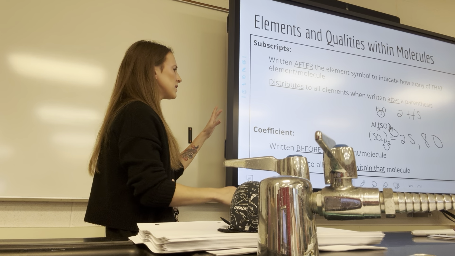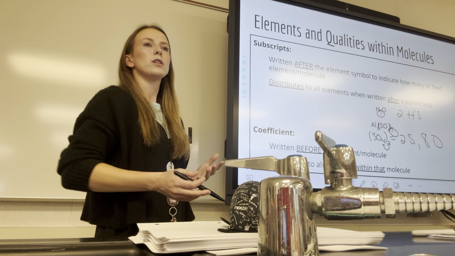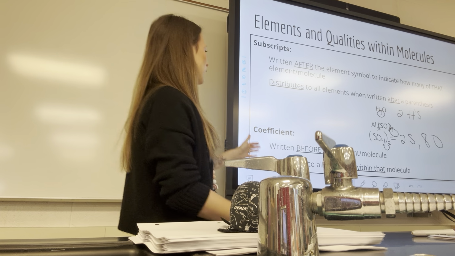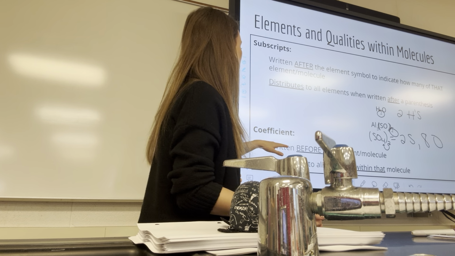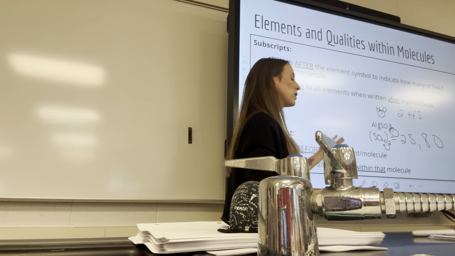Now we're going to see something very similar when it comes to coefficients. Our coefficients are the numbers that are written before the element or the molecule, and this is going to distribute to all the elements within that molecule.